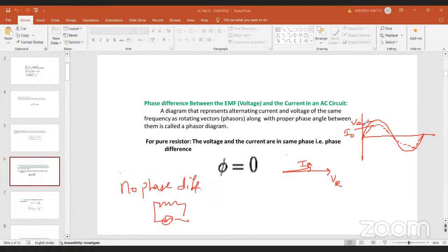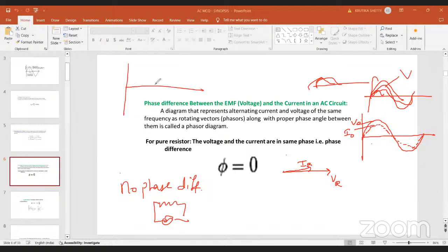But you may ask a question, students: in the graph you are showing the voltage curve above and the current curve a little below. Why not like this? Can we draw the voltage below and the current above? Or show both simultaneously, or is this right? See, we are showing the voltage here and the current slightly smaller because current is equal to V divided by R. If you divide the voltage value by something and get a quantity, what will the answer be?